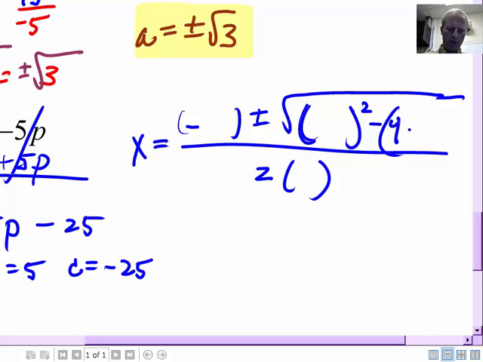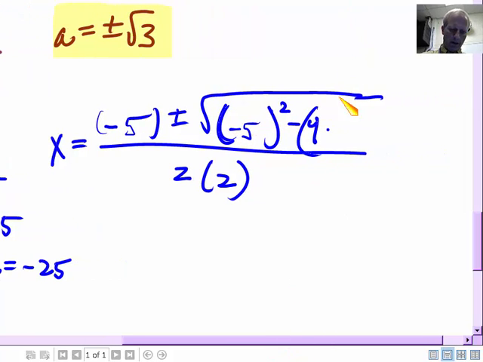So now when I fill in 2, 5, and -25, let's see, b goes there, a goes there, b goes there, and a goes there, and c goes there. Oops, forgot the a. Okay, so what does that give me?